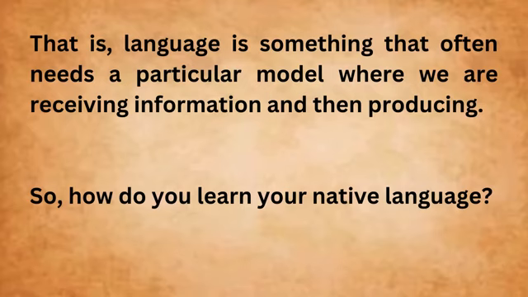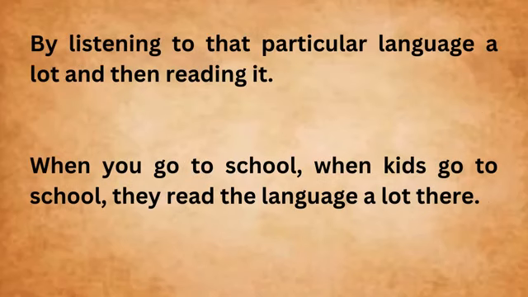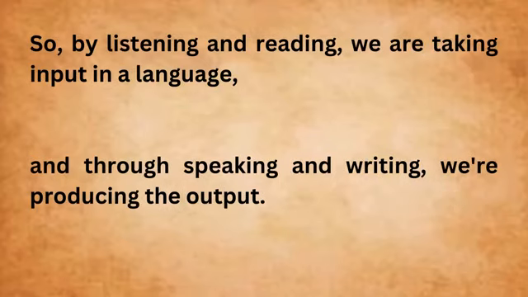So how do you learn your native language? By listening to that particular language a lot and then reading it. When kids go to school, they read the language a lot there. So, by listening and reading, we are taking input in a language, and through speaking and writing, we're producing the output.